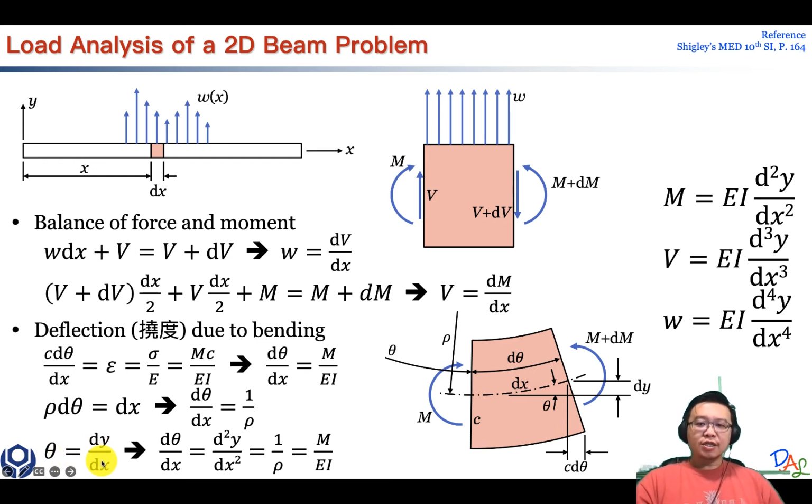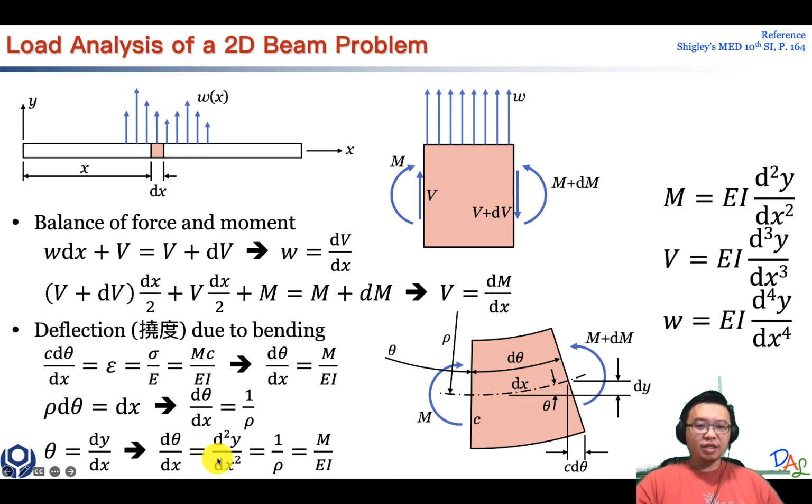So let's take a derivative of theta, because earlier we have d theta over dx. At the end, d theta over dx equals the second derivative of y with respect to x.